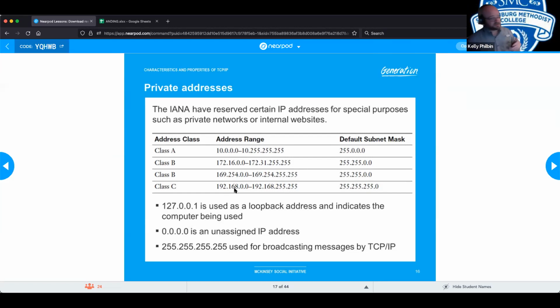So this allows you to have a couple hundred computers share one or two IP addresses with the company, because not everybody's talking all at the same time, right? It allows multiple computers to share the same IP address publicly, but individually in the network, they all have their own unique addresses internally. This is how we're able to have so many computers and not run out of IPs, through network address translation, or NAT.